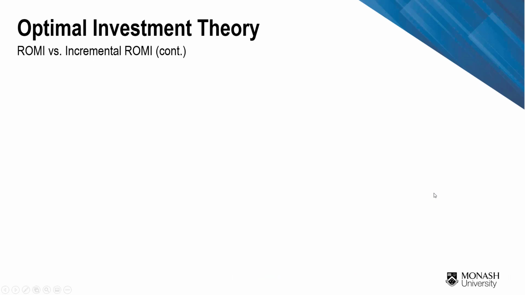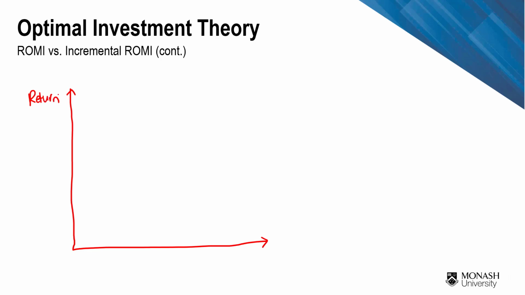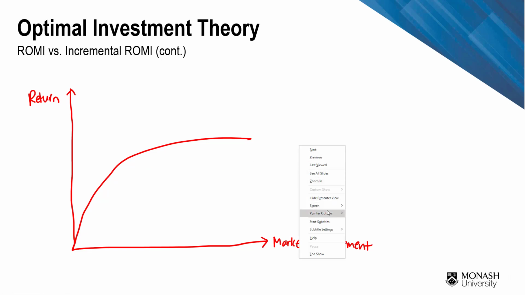Now let me go through that one more time. So let's say you have that and that. This is going to be your return, and this is going to be your marketing investment. And there you go, you have your graph right there. So what this is trying to say is that, let me use a different color.